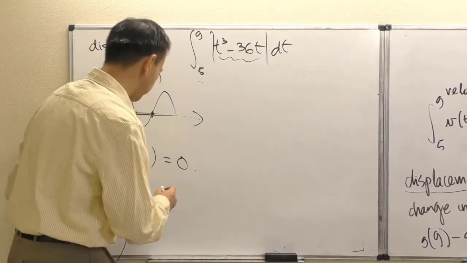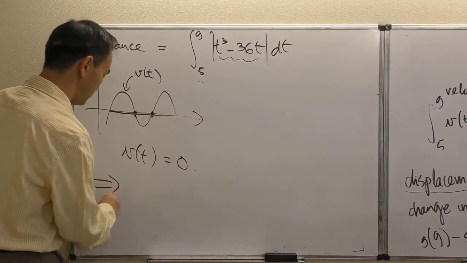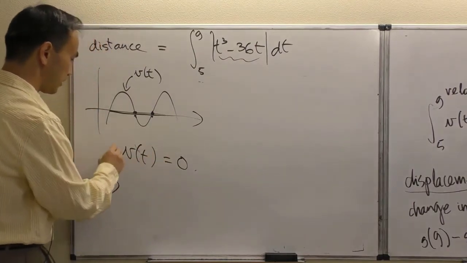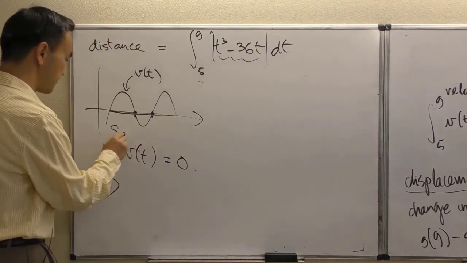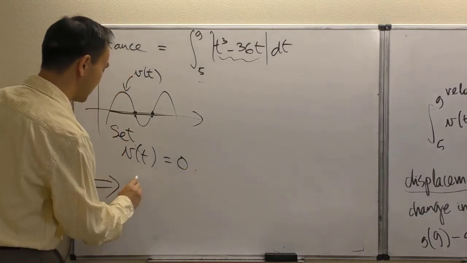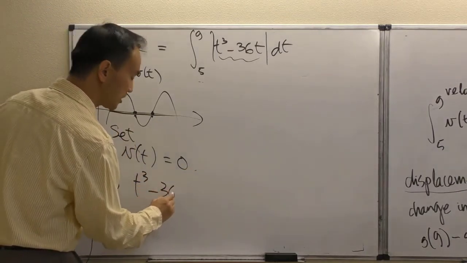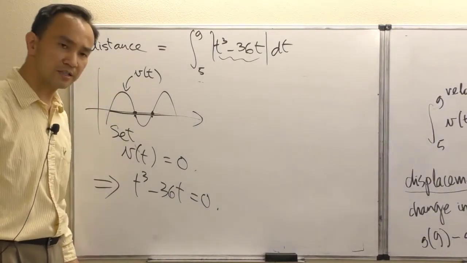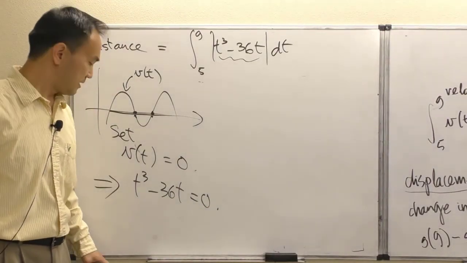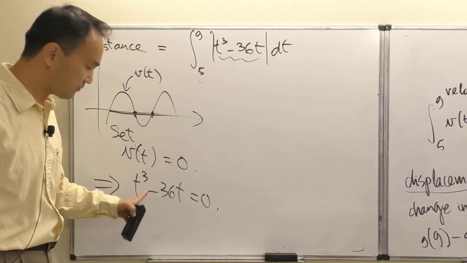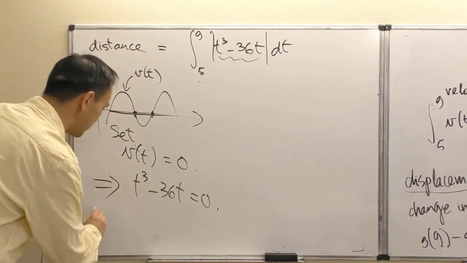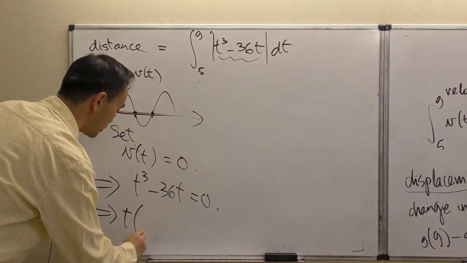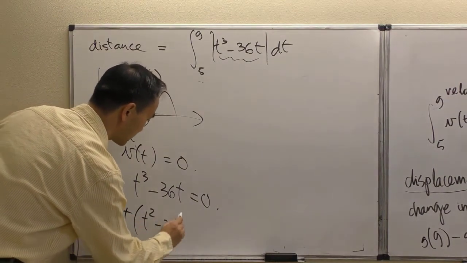Doing that, setting v of t equal to 0, leads to t cubed minus 36t equals 0. This equation is simple enough to solve by factoring. We can factor out the t, which leads to t times (t squared minus 36) equals 0.